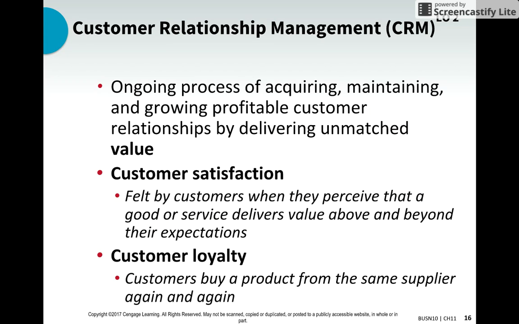So, because it's all about relationships now, there is something called customer relationship management. This is actually a class I took in college, so it's a very specified part of marketing. It is the ongoing process of acquiring, maintaining, and growing profitable customer relationships by delivering unmatched value. So that deals with customer satisfaction.